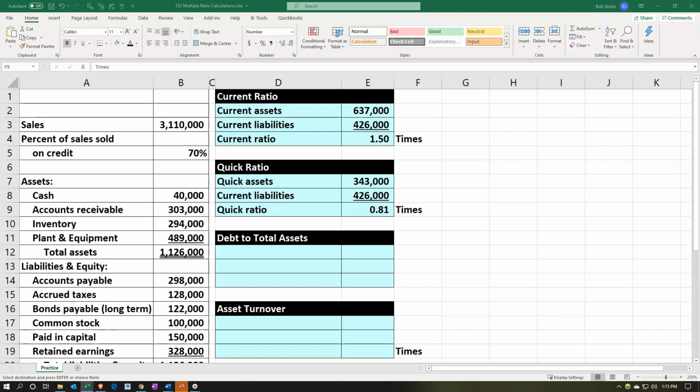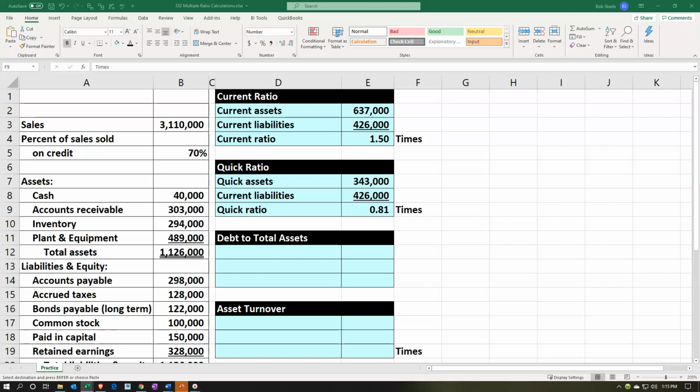To use your assets efficiently means they're all going to be used up in order to generate revenue. But you also need to not be so efficient in good times that when times are bad, something bad happens, you don't have the liquidity to pay off obligations that become due.